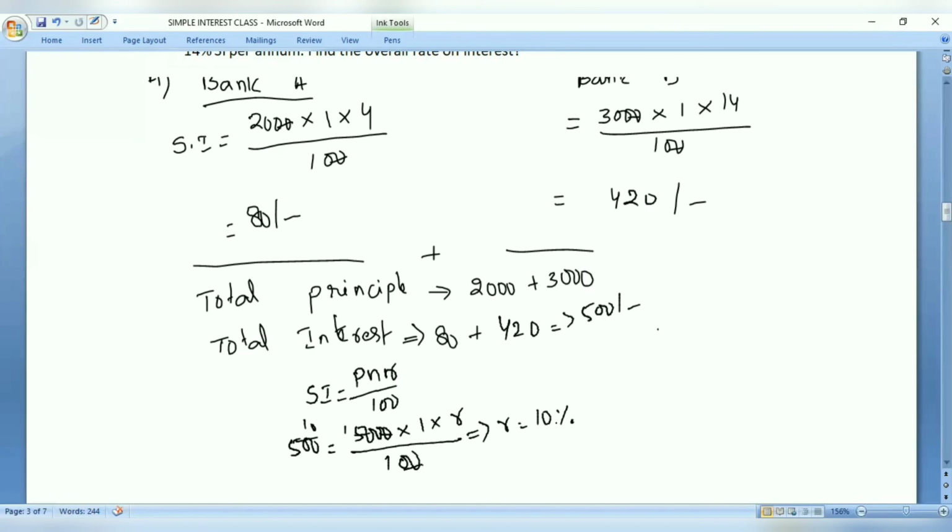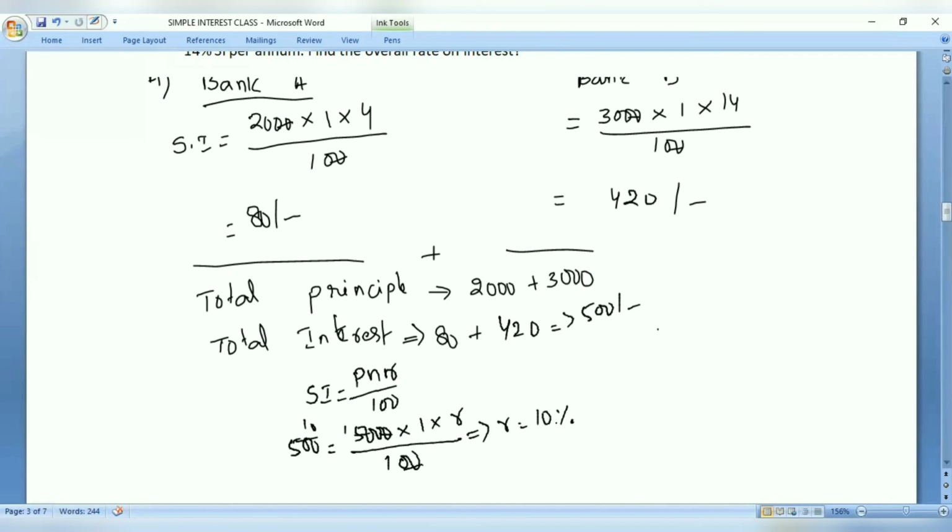Now the question being asked is, with the total principal he invested and the interest that he received, what should be the actual or average rate of return? Collectively, the 2000 and 3000 he invested becomes the collective principal, so it becomes 5000. The interest he receives is 500. For which, what will be the rate of interest? That is the question. So to get 500 out of a 5000 investment, the rate of interest should be 10%.